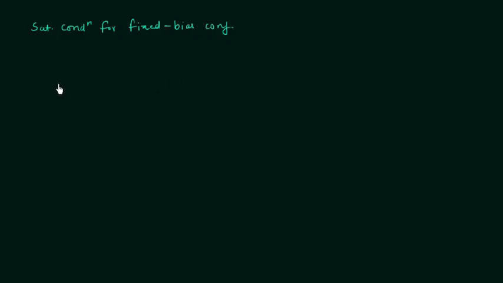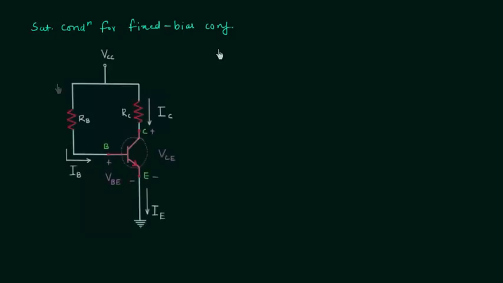First we will draw the circuit of fixed bias configuration, then we will find out the collector current in saturation region, and as the collector current IC is equal to the maximum collector current IC max, the transistor is operating in the saturation region and the collector emitter terminals are short circuited.